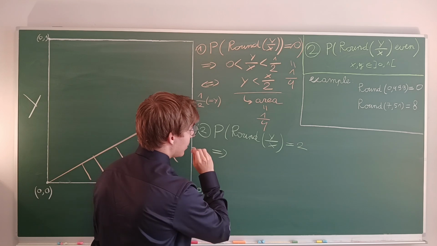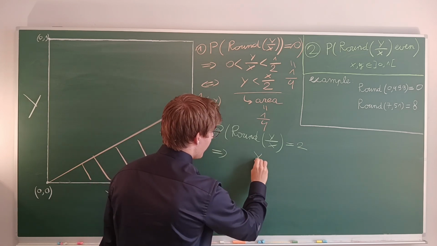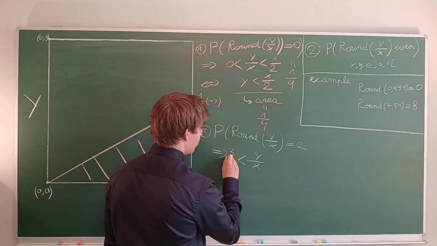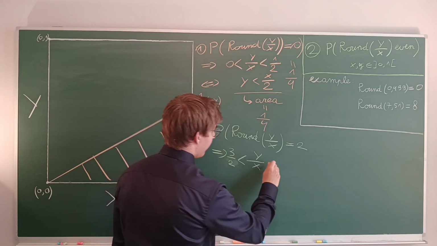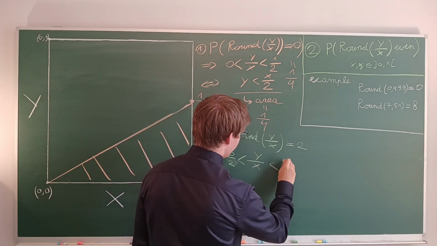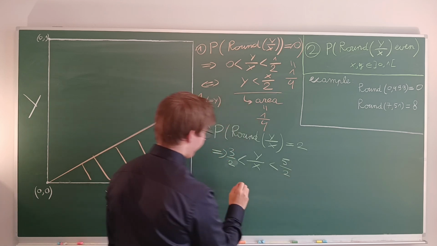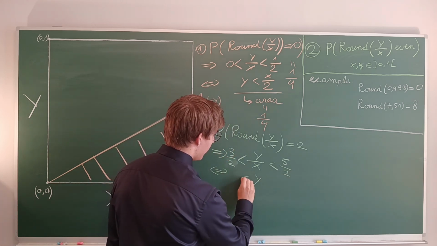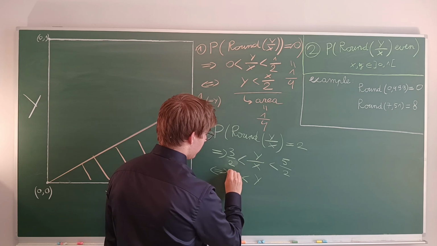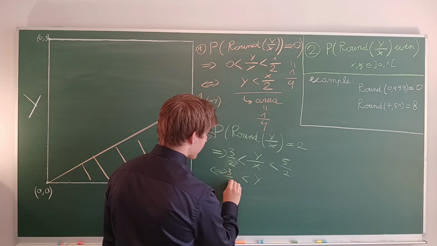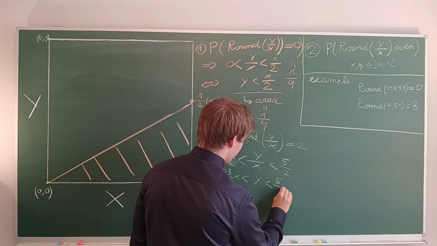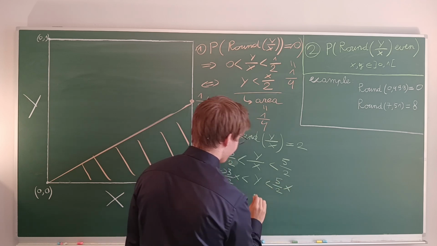Now that means that y over x is between 3 over 2 and 5 over 2, which gives us that y is between 3 over 2 x and 5 over 2 x.